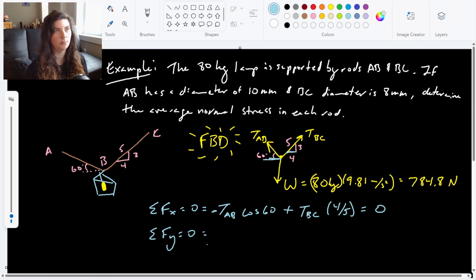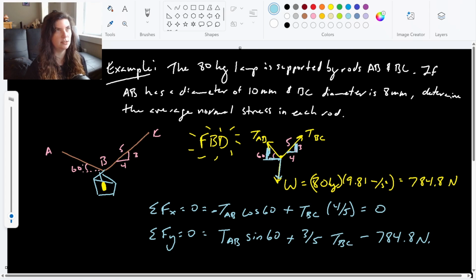Then I'll set up my y equation here since I can't really solve for anything. So my equilibrium equation in the y direction is going to be my y component of TAB, sine 60, and that is in the positive y direction. And then for TBC, I have 3/5, again in the positive y direction, plus 3/5 TBC, and then minus the entirety of W. So minus that W, which is 784.8 newtons.